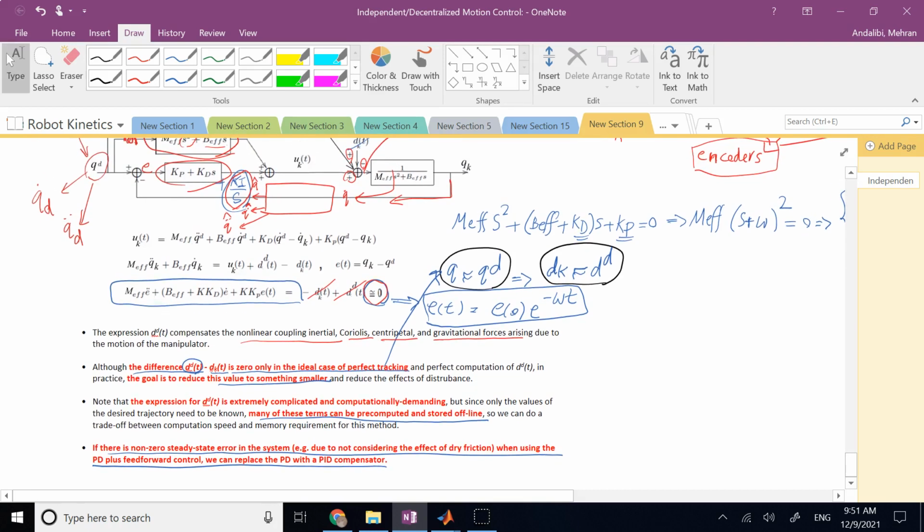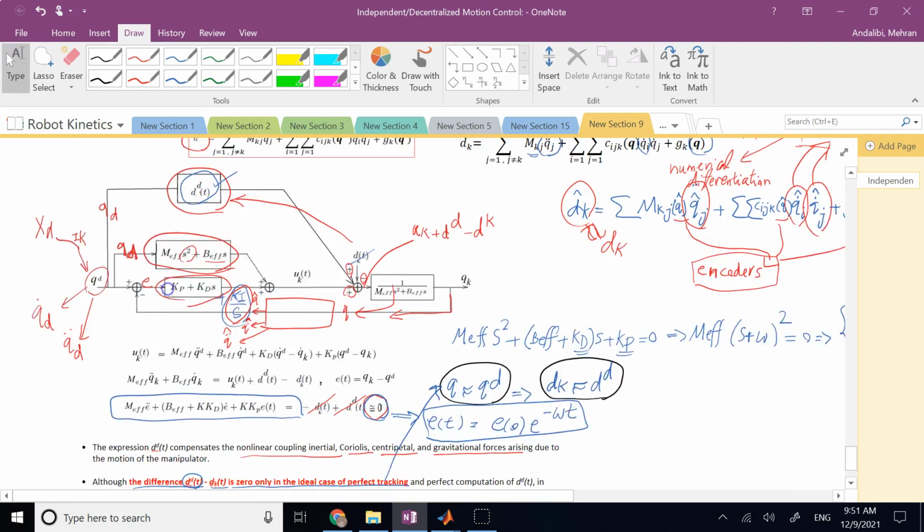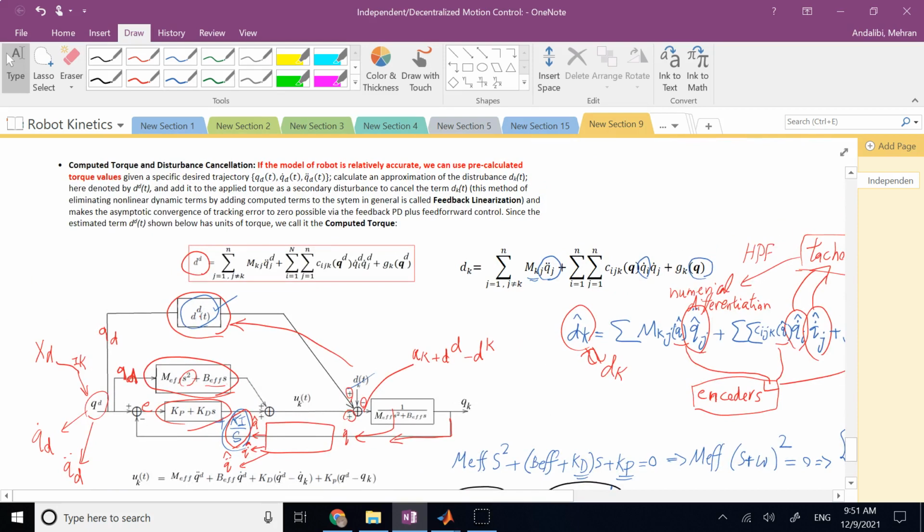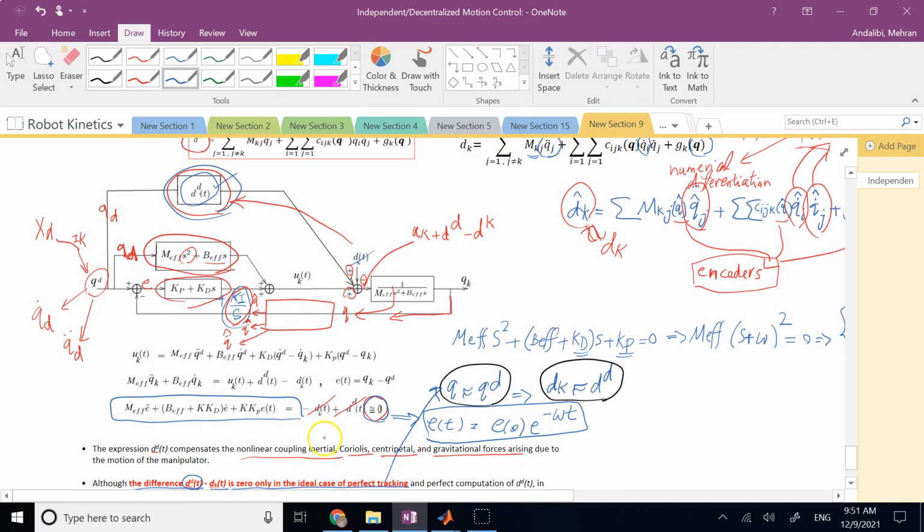One other terminology I want to show you before we go and look at the demo is we call feedback linearization. And that is exactly what we are doing here. By adding another extra term into the control, I'm trying to get rid of some of the nonlinearities in the system, and dk is the largest nonlinear term that we deal with in the system.